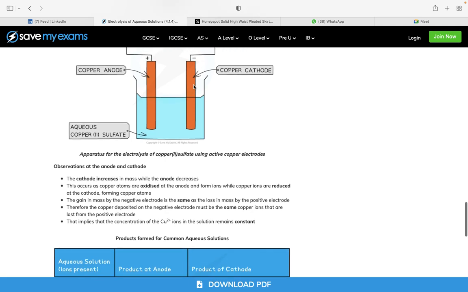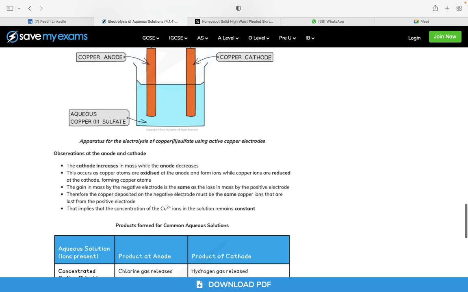So whatever copper is deposited here must be the copper that is lost from here, because whatever is gained here is what is lost here. Is that okay? Now, what this means is that the concentration of copper ions in the solution remains constant. The concentration of copper ions here will be constant, because whatever is lost here is what is gained here.